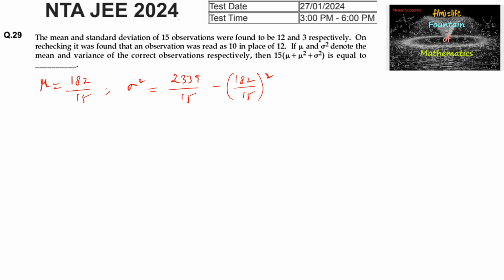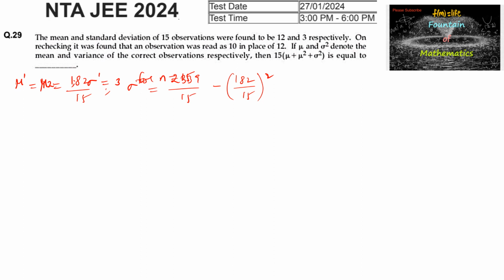So let us consider the mean mu dash is equal to 12, and the standard deviation sigma dash is equal to 3, for n is equal to 15 observations.